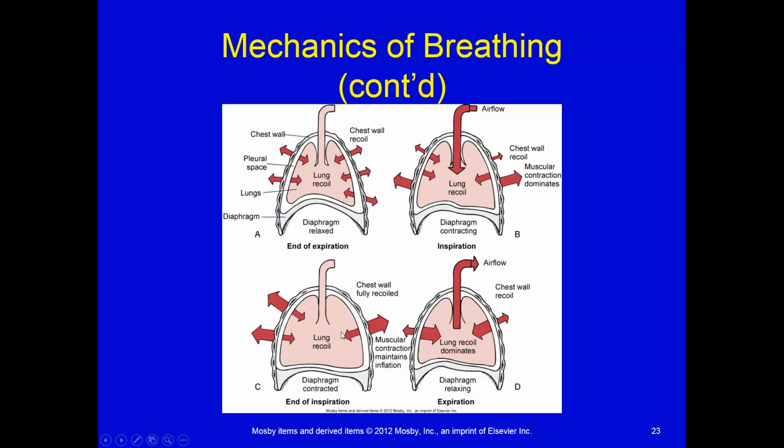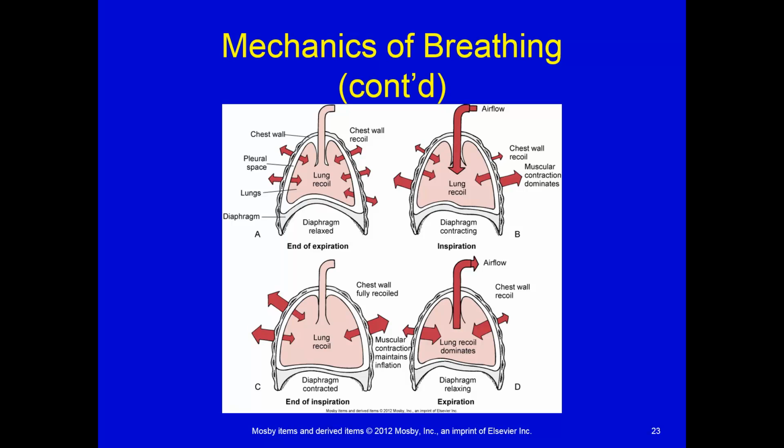Now, at the end of inspiration here, you start to see the respiratory muscle contractions maintaining that lung expansion. So you continue to see lung expansion here. And it's when the person starts to expire that you see the lung recoil start to happen, coming back in, decreasing the volume in that lung. And what has to happen passively?